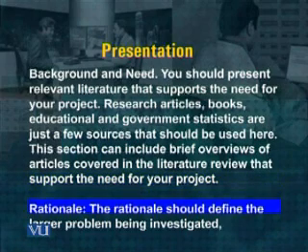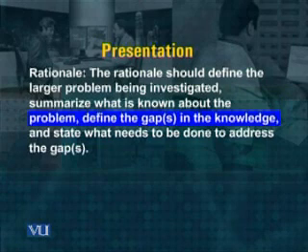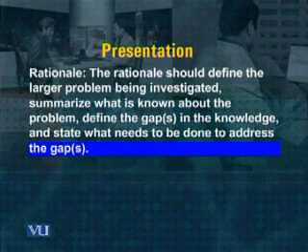Then comes rationale. Rationale should define the larger problem being investigated and summarize what is known about the problem. Obviously, whenever you pick up one problem, something is known about it, but you feel that there are certain gaps. So here, by picking up that topic, that problem, you are going to define the gaps in the knowledge and you have to state what needs to be done to address the gap or gaps.